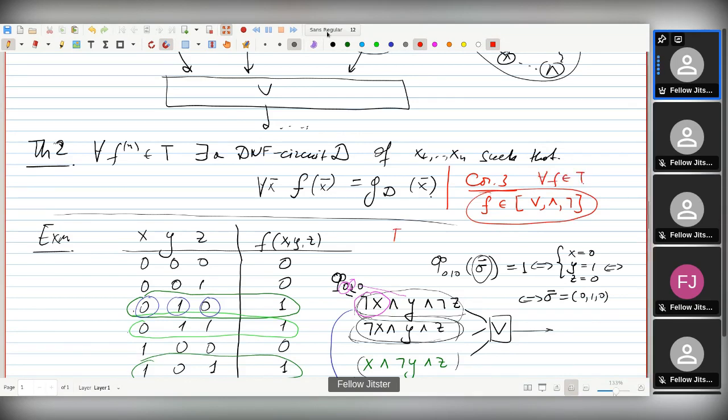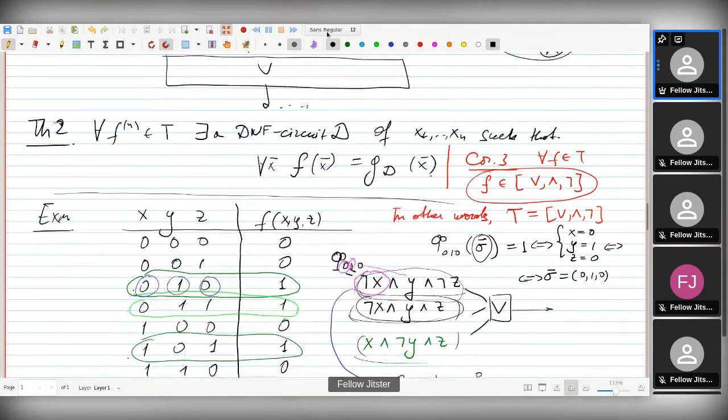Or in other words, that means that the set of all Boolean functions is just the closure of these three. Interesting. Every Boolean function is a closure of these three.